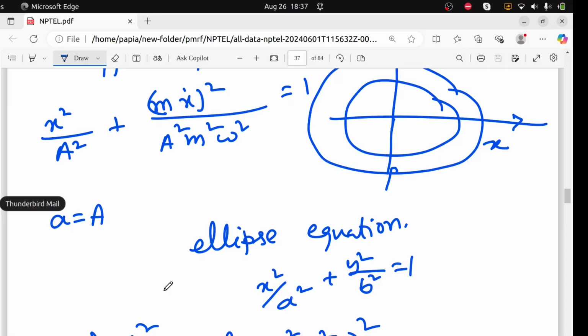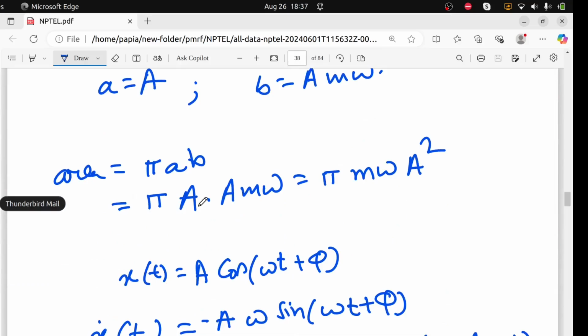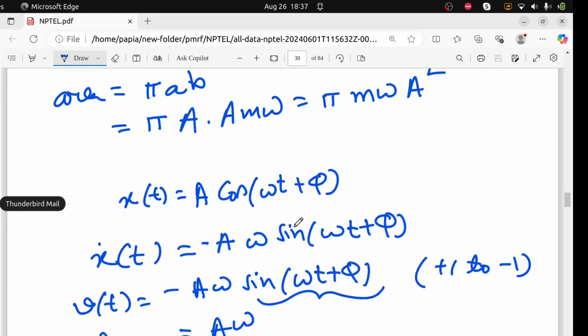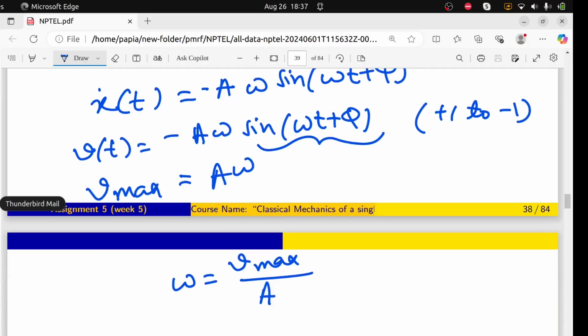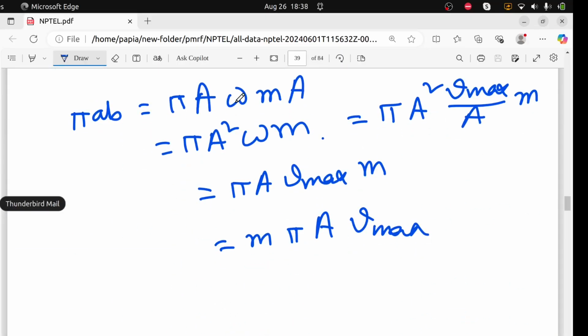So from there I can have semi-major axis values A and B. Now the area is pi A B. So if I write this, then we need to calculate omega in terms of Vmax. To get that one, we need to calculate v, and then Vmax is A omega. So omega can be written as Vmax by A. So if I replace omega by Vmax by A, then it is like m A Vmax.